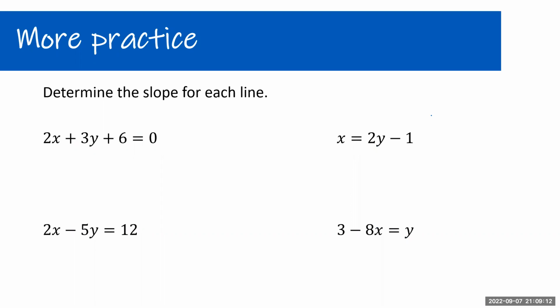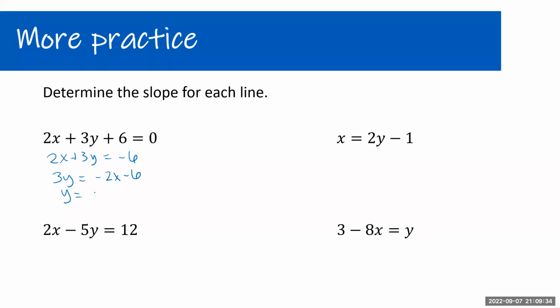2x plus 3y plus 6 equals 0. Well, we just have to do a little bit of algebra here. We can move that 6. So 2x plus 3y equals -6. Now we can move that 2x. So we get 3y equals -2x minus 6.